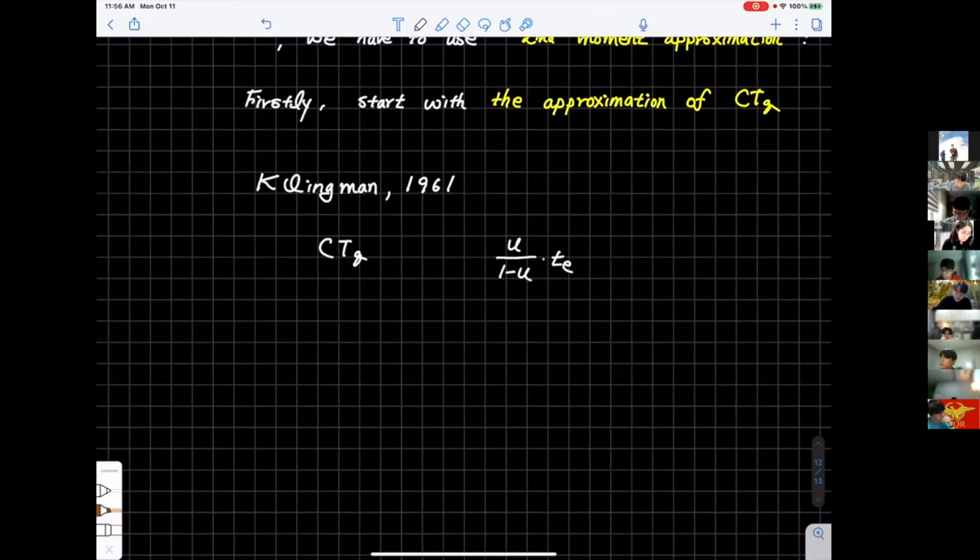But in Kingman's research, he concluded the CTq of the G/G/1 model can be approximated by multiplying these terms here.